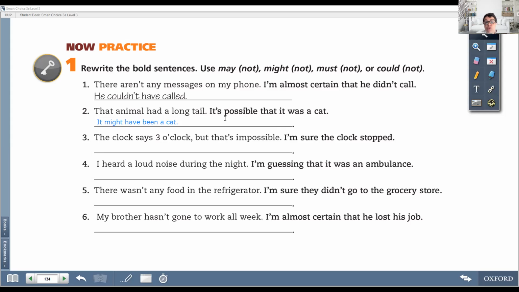When I'm not so sure, when it's something possible, but I'm not absolutely sure, I use may, might, or could. So I could say here, it may have been a cat. It's also okay to do that, right? Let me put here. It may have been a cat, or I can also say here, it could have been a cat.